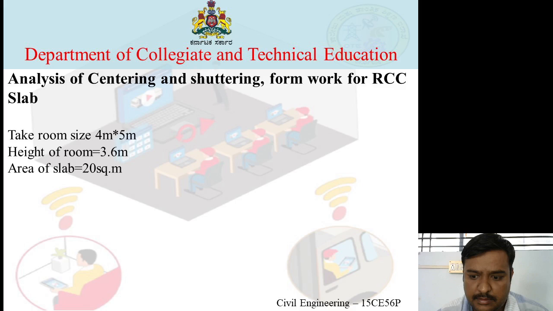Next we go for the diagram. This is the diagram showing the monolithically casted beam and slab. Here slab form and slab sheeting are below the actual RCC concrete.